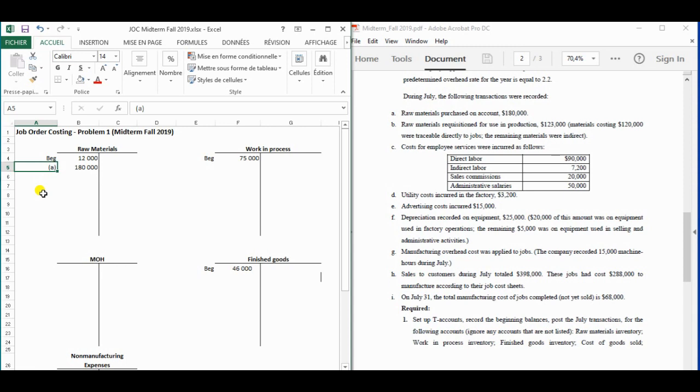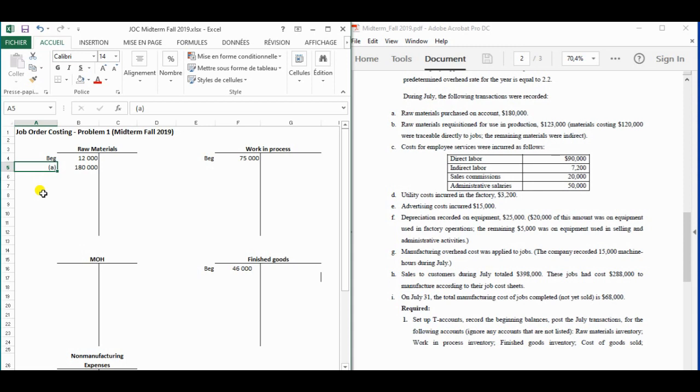Okay, so second one, raw materials requisitioned for use in production. The requisition of raw materials is the consumption of raw materials. Okay, so we will decrease the raw materials inventory, so we will credit it.